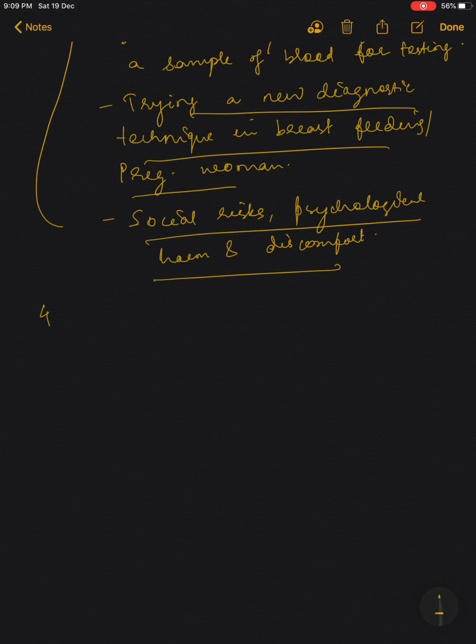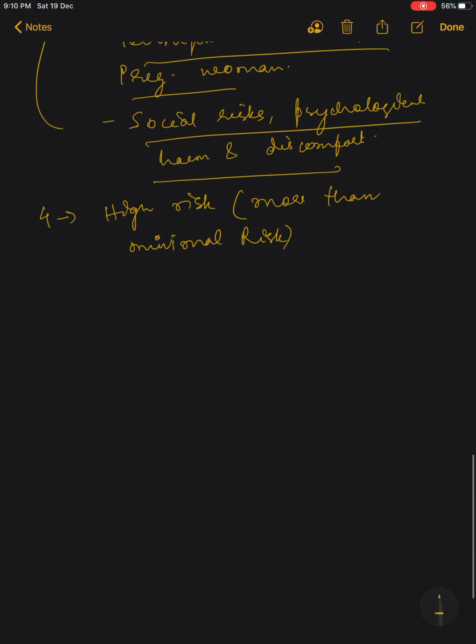And now comes the fourth category, that is high risk, also known as more than minimal risk. In this, the examples are any interventional study using a drug or device.